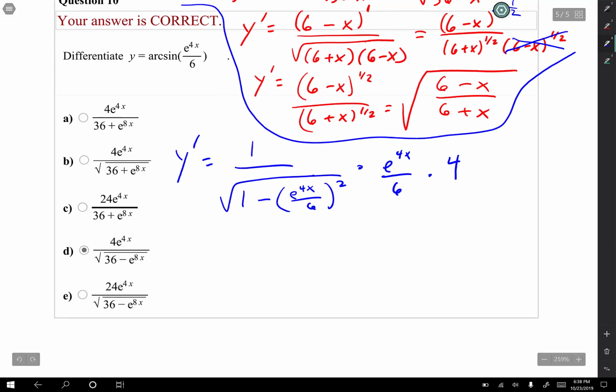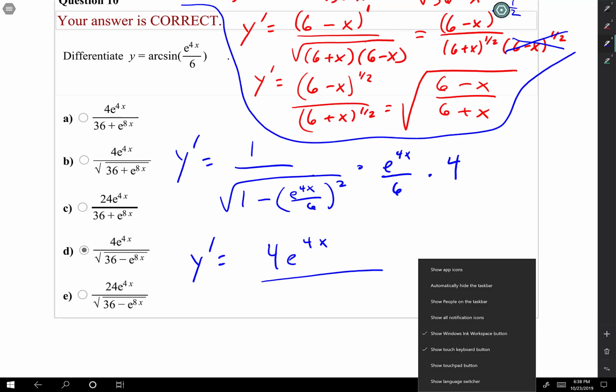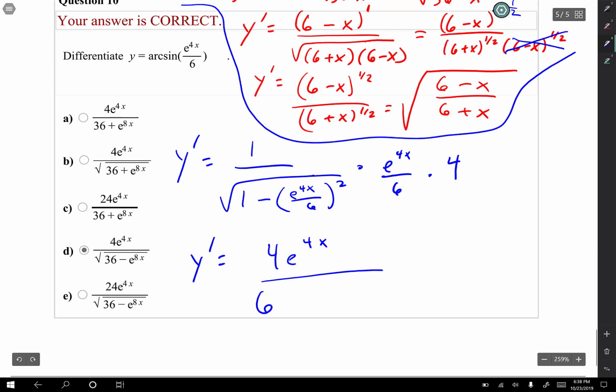So rewriting that, y prime is going to equal 4e to the 4x over, let's see, I have a 6 down here, square root of 1 minus, if I square that, it's going to be e to the 8x over 36.